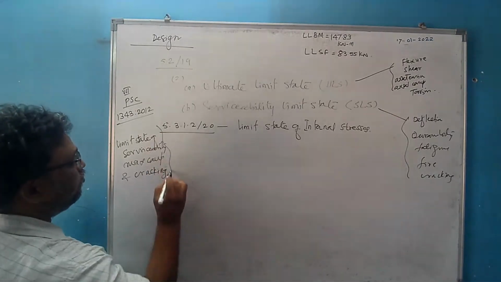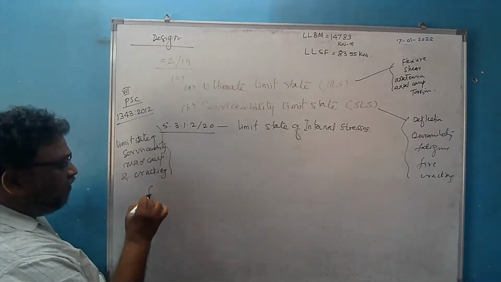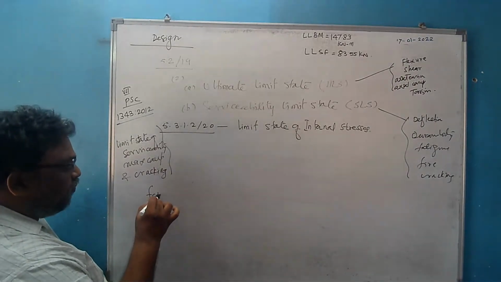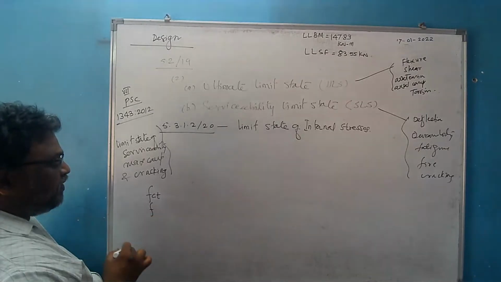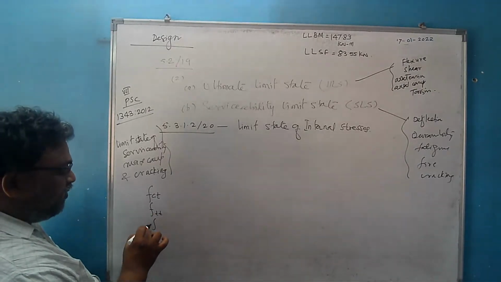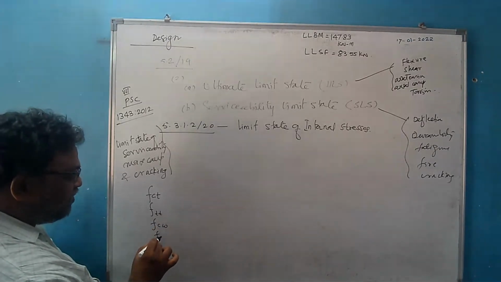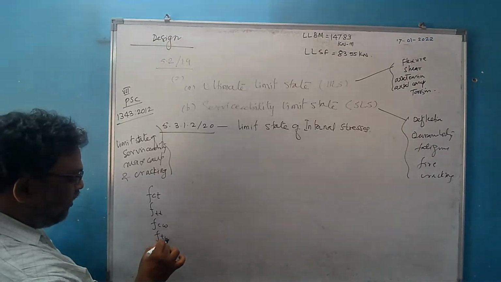क्या था वो? क्या करते थे? The permissible values of stress in concrete in compression at transfer, the permissible values of stress in concrete in tension at transfer, the permissible values of stress in compression at working, the permissible values of stress in tension at working.